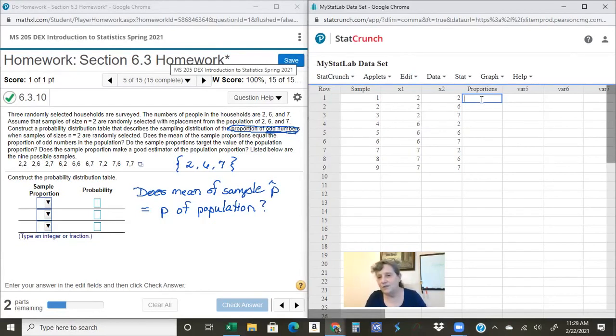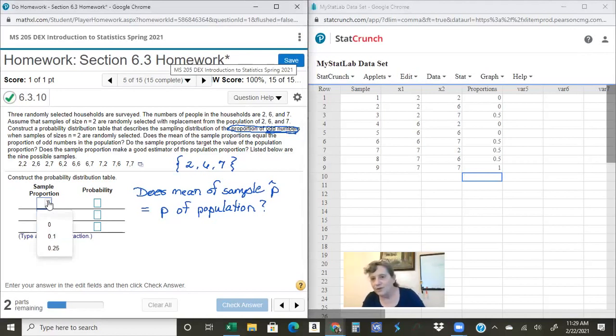A 2 and a 2 is 0% odd numbers, so that's a 0. 2 and a 6, no odd numbers. 2 and 7 is 50% odd, so 0.5. 6 and 2 is 0%, 6 and 6 is 0%. 6 and 7 is 50% odd. 7 and 2, 50%. 7 and 6, 50%. 7 and 7 is 100% odd numbers, so that's a 1.